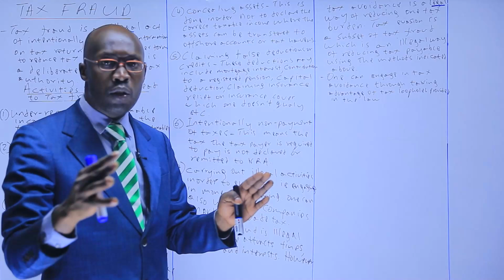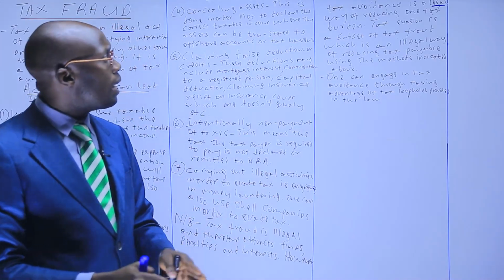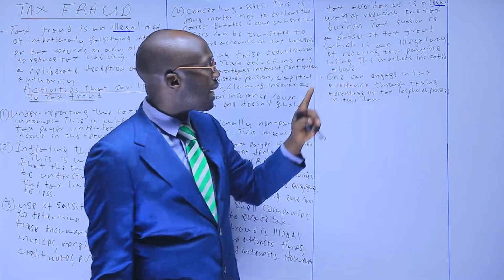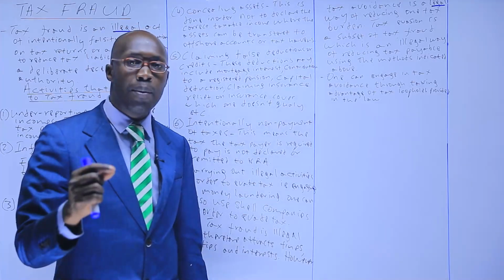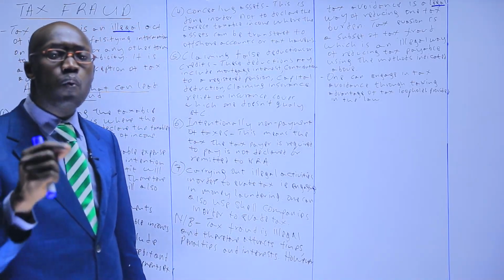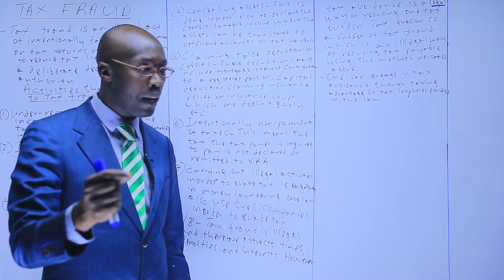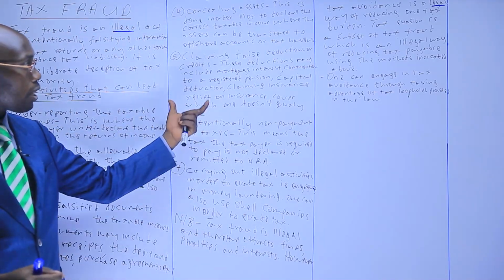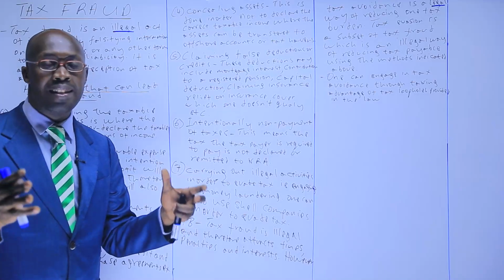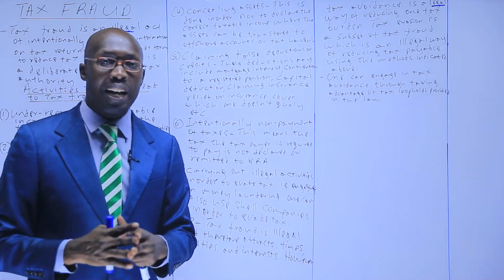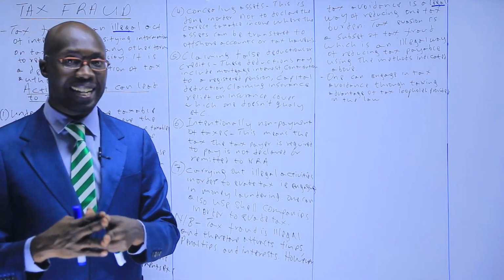Now that should also be differentiated from tax evasion. Tax evasion is a subset of fraud, in which case one illegally reduces the tax they are supposed to pay, using the measures we have talked about here. So that is what you need to know about tax fraud.